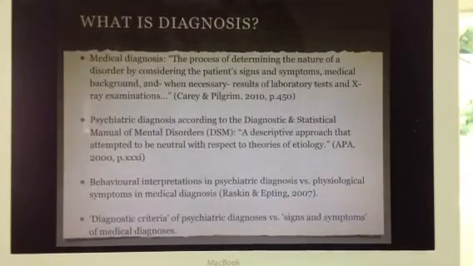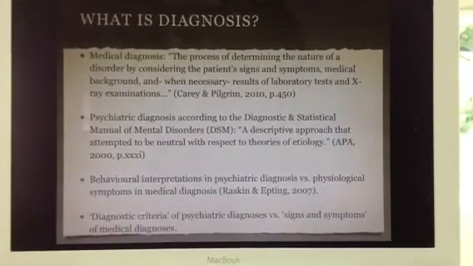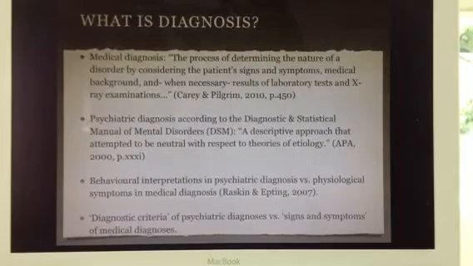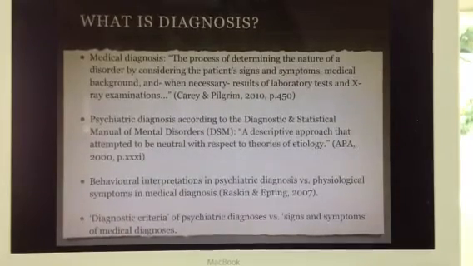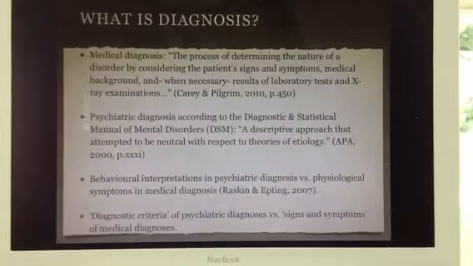Also, while general medical diagnosis is concerned with physiological signs and symptoms, an emphasis on signs and symptoms is absent in psychiatry, which largely relies on behavioral interpretations and judgments for diagnosis.